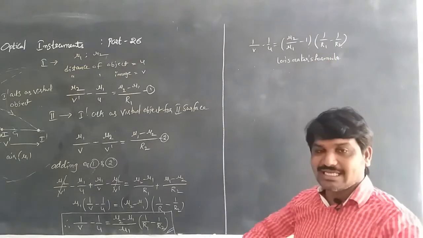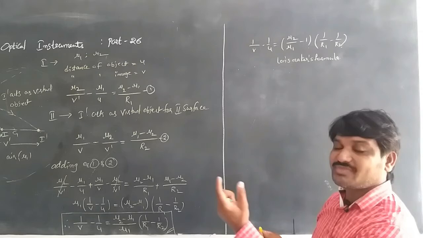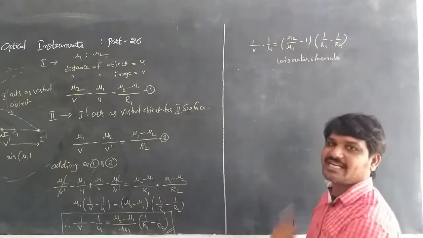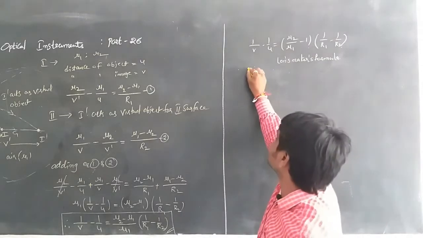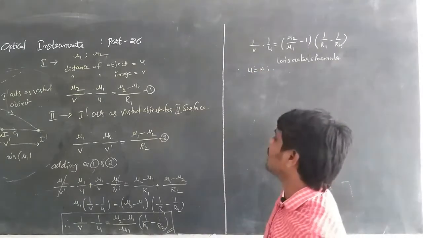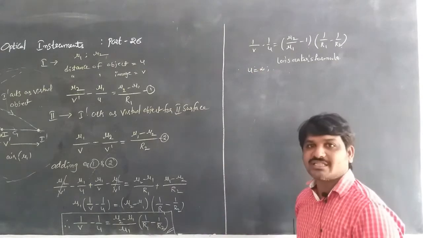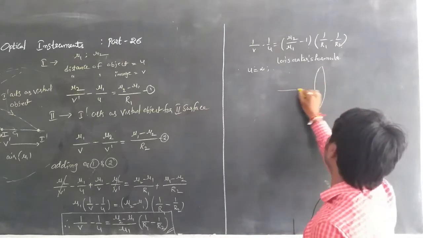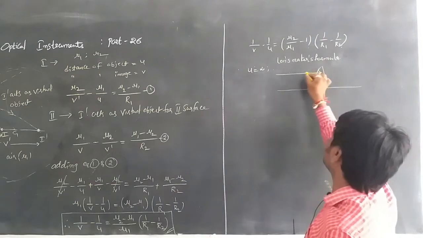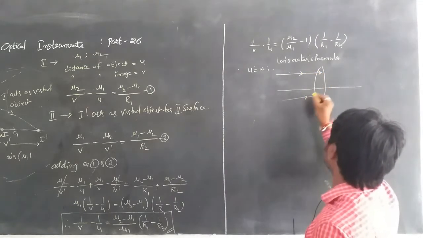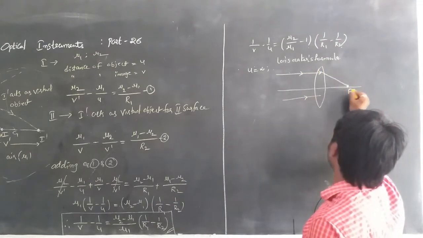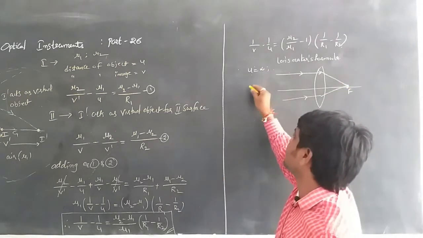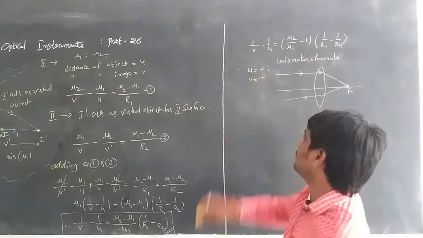When the light is coming from infinite distance, that is, the object is placed at u equal to infinity, then the image is formed at the focus. So whenever u is equal to infinity, v is equal to f.